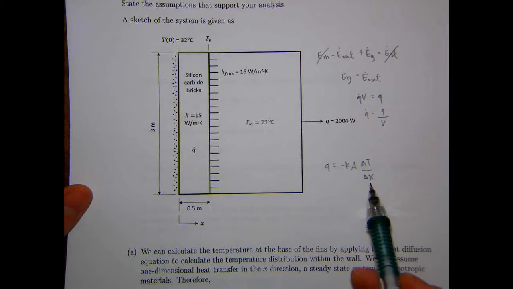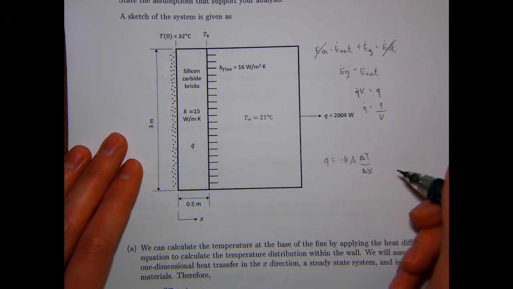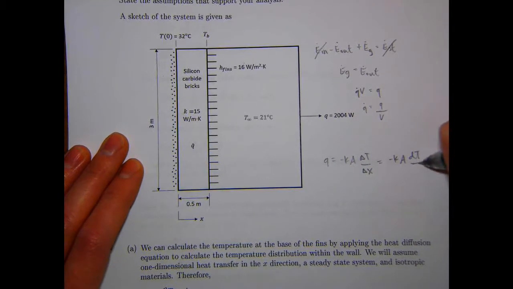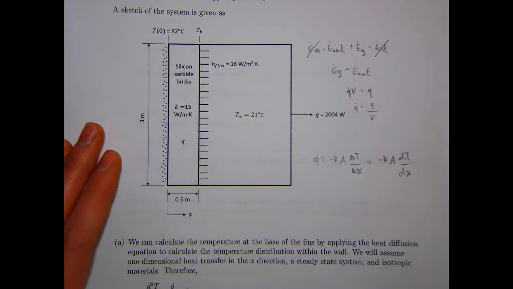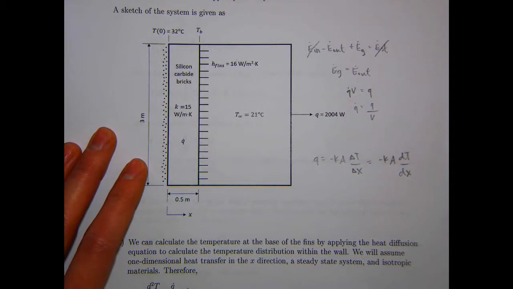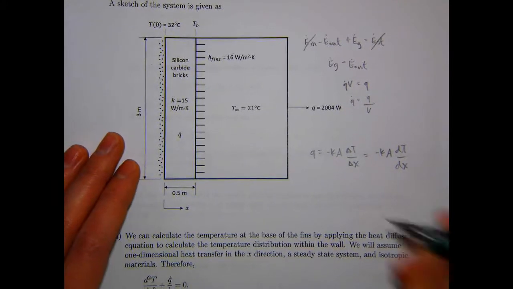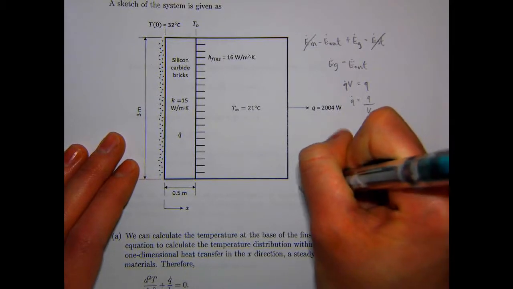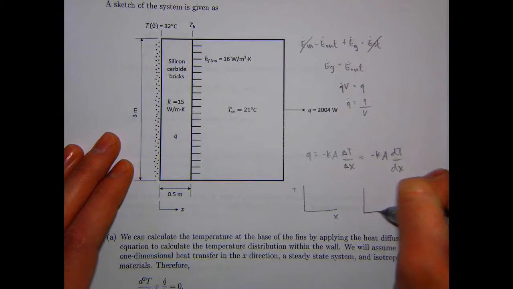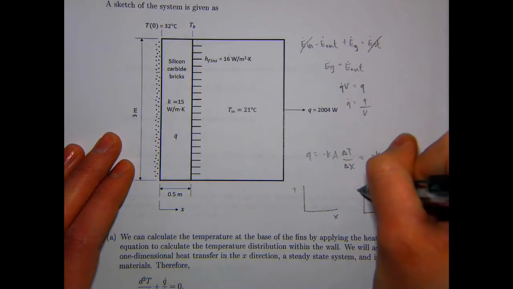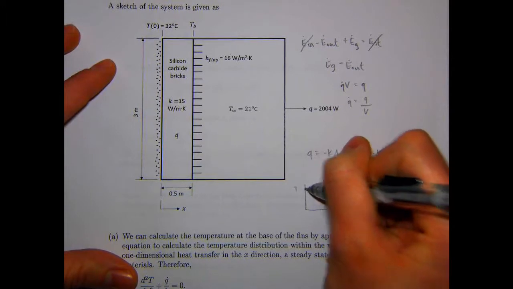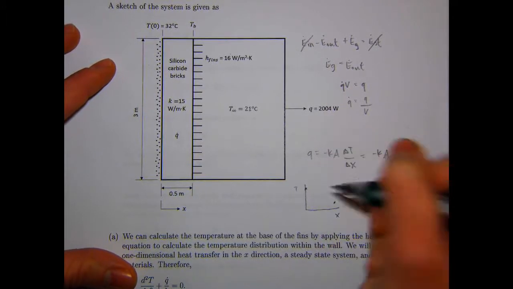So the reason that that's wrong is because this is only equal to negative KA dT/dx if the temperature distribution is linear. So I'll draw it out. If we have X and T, temperature changing as a function of X, so 32, and it ended up being like 29 or something.